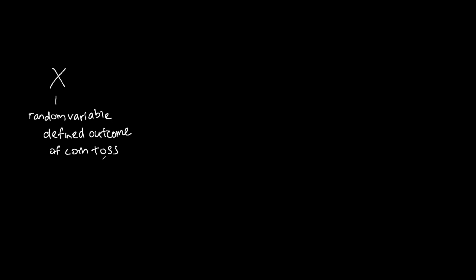In the last episode, we talked about how a random variable works. If we refer back to the last example, we defined x as a random variable of outcomes of a coin toss.